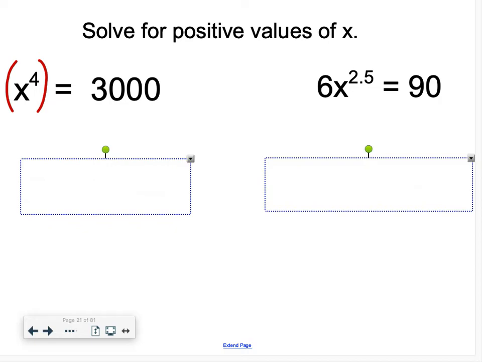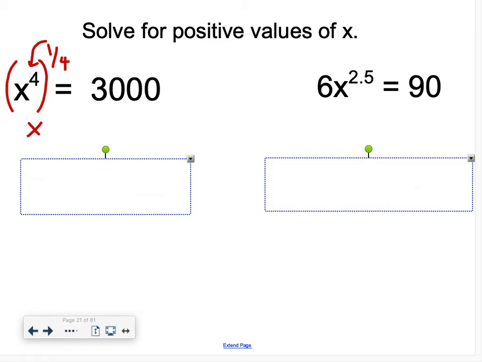So if I have a 4th power, I could raise that to the reciprocal power, which is 1/4, right? The reciprocal of 4 is 1/4. Then my exponent rules say power on a power, I would multiply. Well, what is 1/4 times 4? That's just 1.